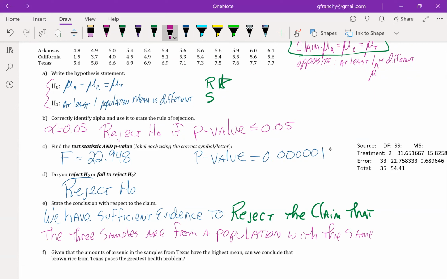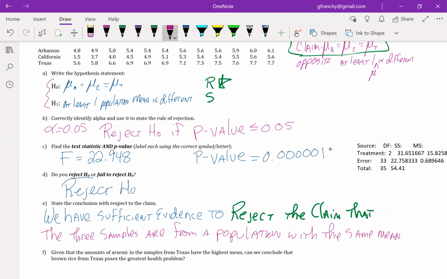And as always, we should go back and reread this all the way through. We have sufficient evidence to reject the claim that the 3 samples are from populations with the same mean. So they don't all have the same mean. What we're saying is at least one of them is different from the others.